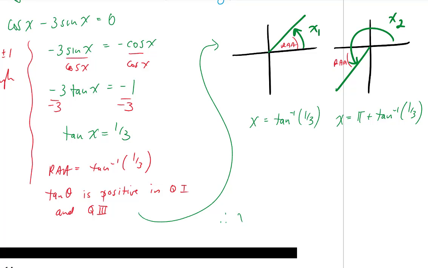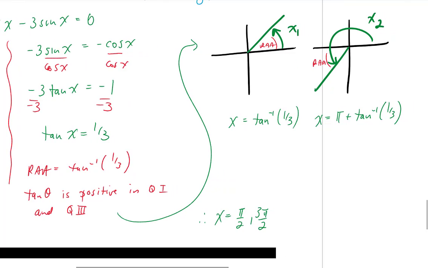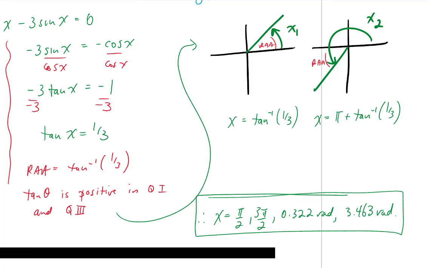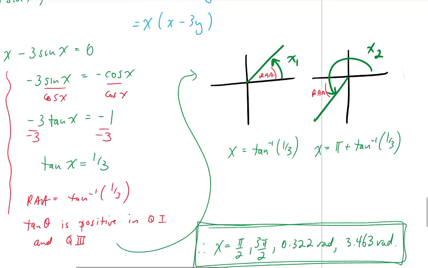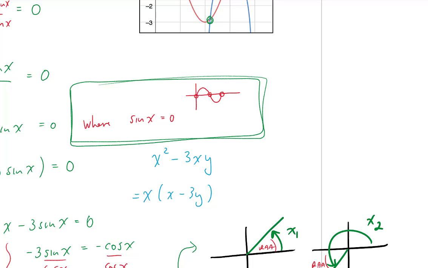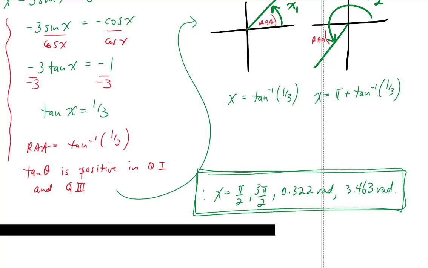So therefore, x is equal to, well, we have pi over 2 and 3 pi over 2 from our first equation, and using our calculator, we'll see we will get 0.322 radians and 3.463 radians for our next two x values. And notice none of these solutions are equal to 0, pi, or 2 pi, our restriction from above, which means they're all solutions to this equation.